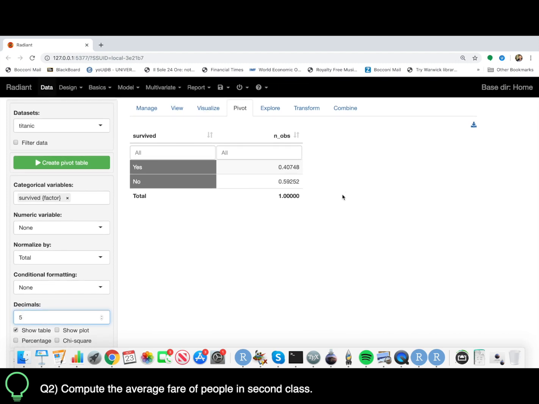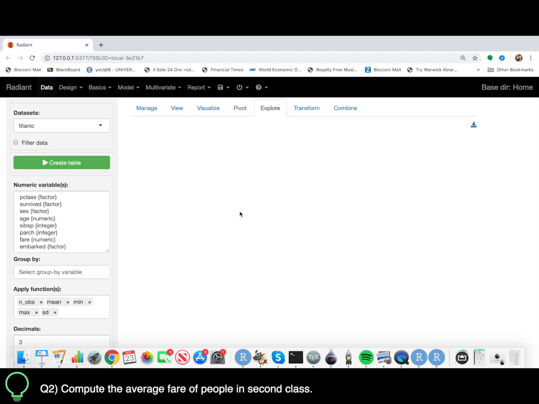Second question, compute the average fare of people in second class. When we have to compute means, standard deviations, coefficients of variation, and so on, we use the tab Explore. So we want the mean, which is already here. I want the functions to apply. But we want only the mean of people in second class, and in particular of the fare they paid.